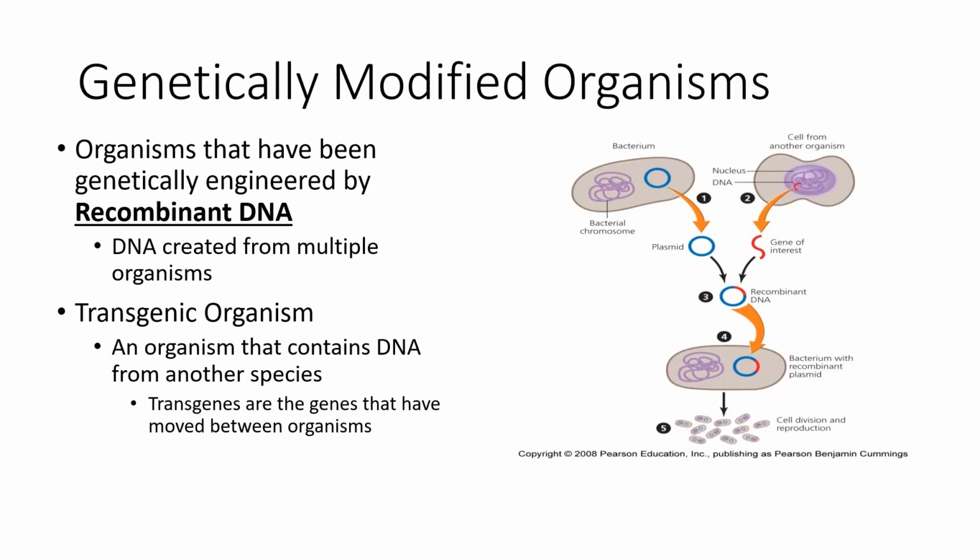And so just to review GMOs, basically we take a gene from one organism and we insert it into another organism. That second organism is creating the proteins that the first organism would make. And so we have added an extra characteristic that organism didn't have before.